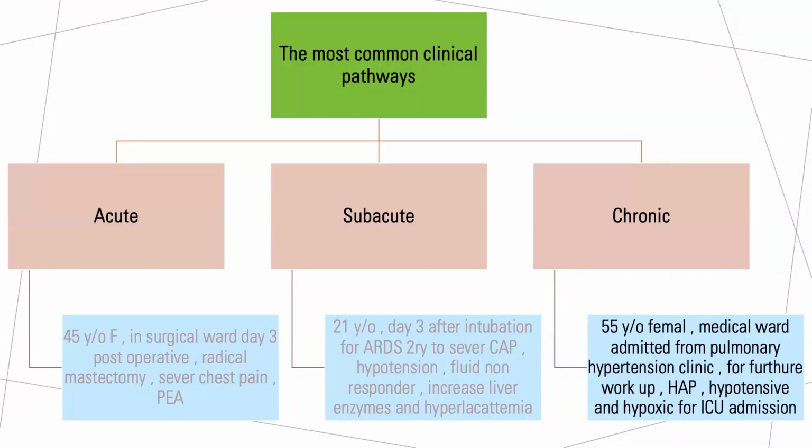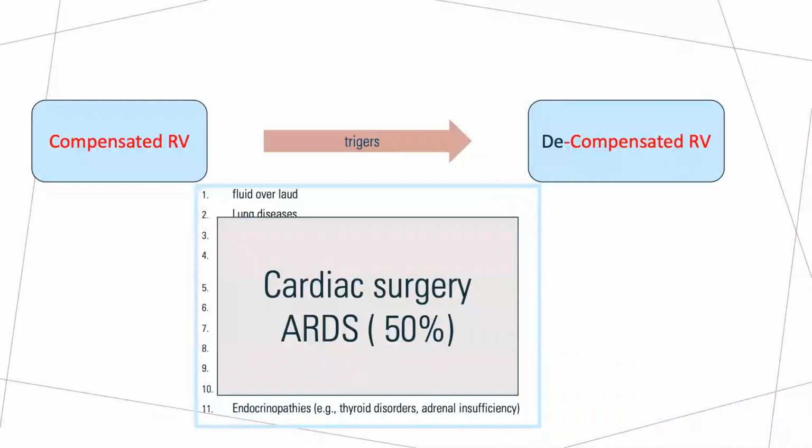She was admitted to hospital from the pulmonary hypertension clinic for further workup for pulmonary hypertension. In hospital, she developed HAP, hospital acquired pneumonia. Now she is hypotensive and hypoxic. So these are the most common pathways we are facing regarding RV failure: acute, subacute, and chronic.